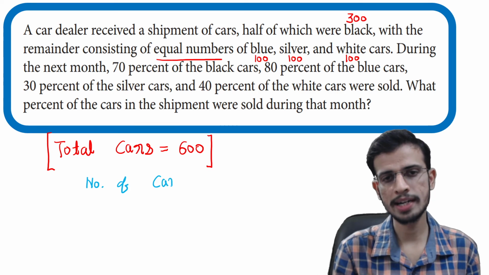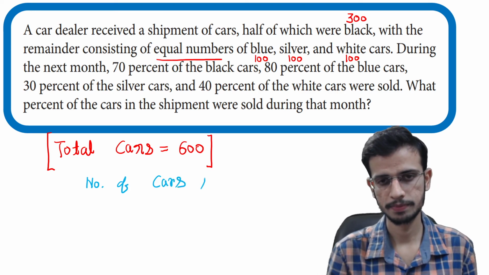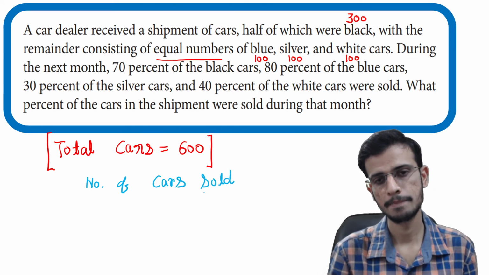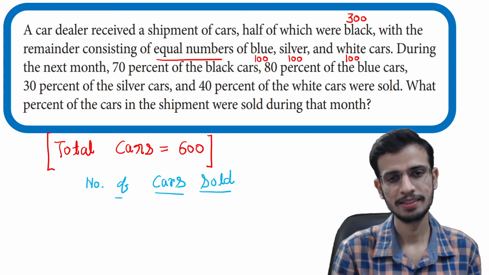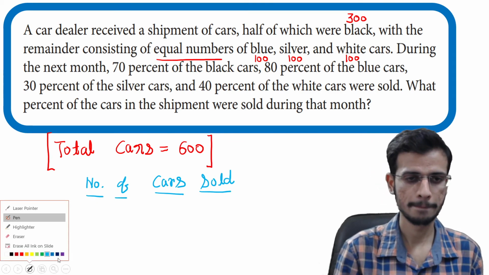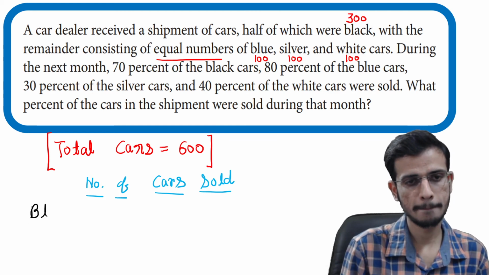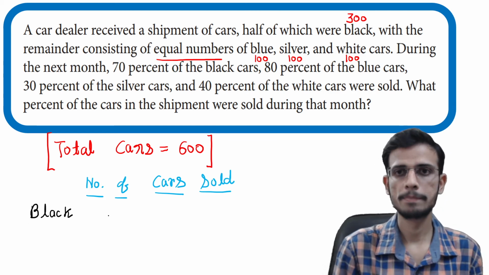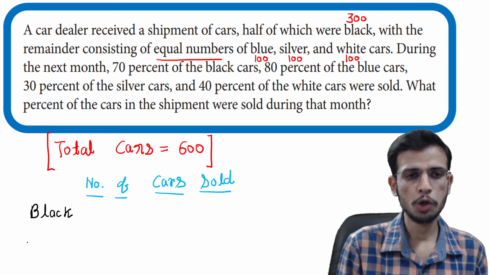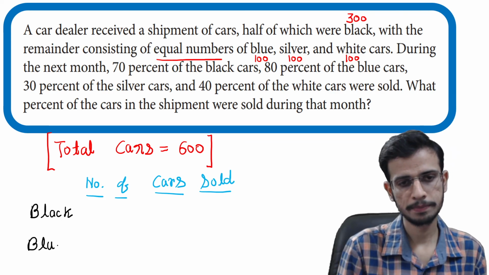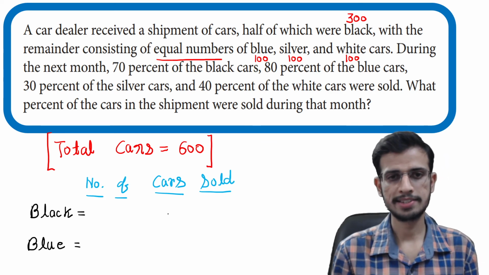Number of cars sold in next month. So I'm writing black, then blue, then silver and white.